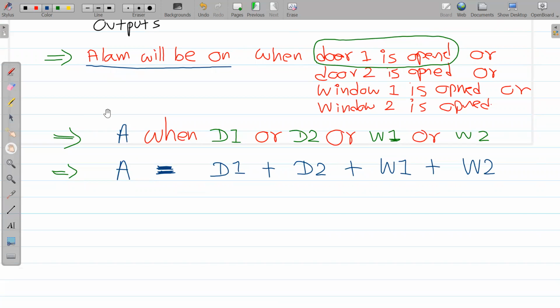So now it's a matter of drawing the circuit, right? Because we have an expression now. So how are we going to draw the circuit? We have 4 inputs. Either we can have 4 input lines. In the expression, we only need to add these things up. We can simply draw it like this, people, right? First method of drawing the circuit.